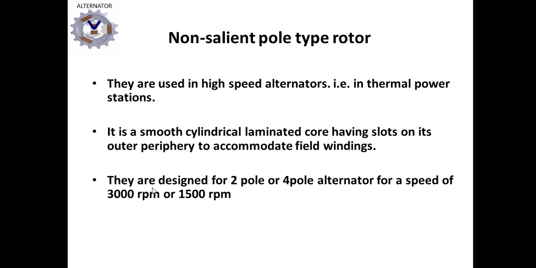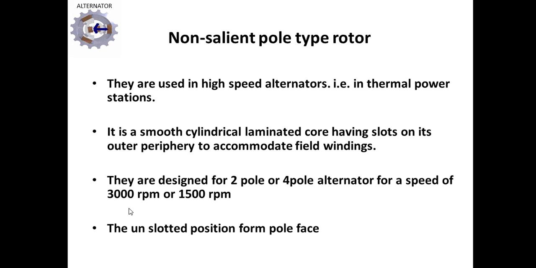It is designed for 2-pole machines at 3000 RPM, 4-pole machines at 1500 RPM, and for 6-pole different RPMs. So mainly the cylindrical type machines are non-salient pole type having 2 or 4 poles at 3000 RPM and 1500 RPM, which are the highest speeds, based on the turbine type we are using.